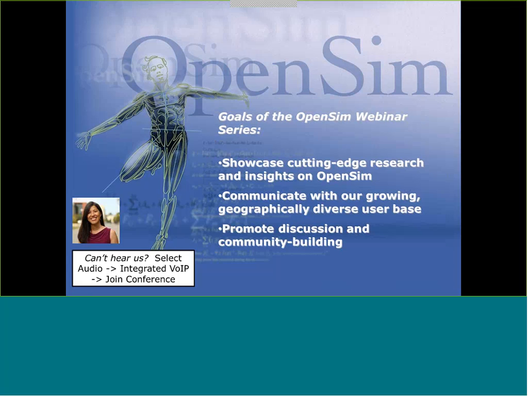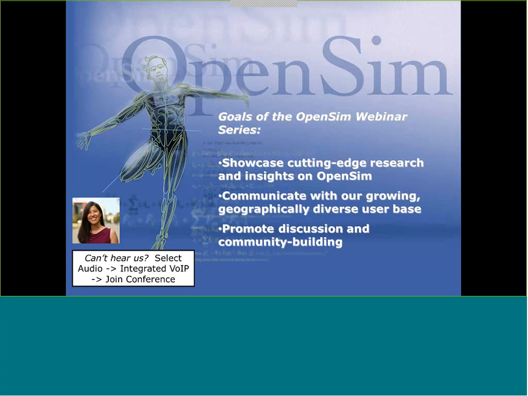OpenSim is a freely available software application for visualizing musculoskeletal structures and simulating movements of humans and animals. The application includes tools for general-purpose inverse dynamics, optimization to estimate muscle and joint forces, methods to create simulations for motion capture, and tools to analyze and visualize those results.